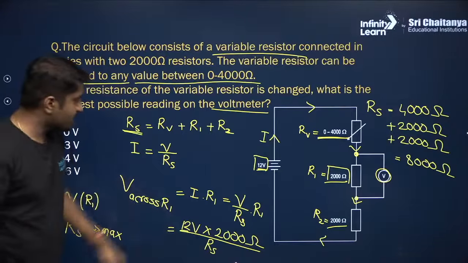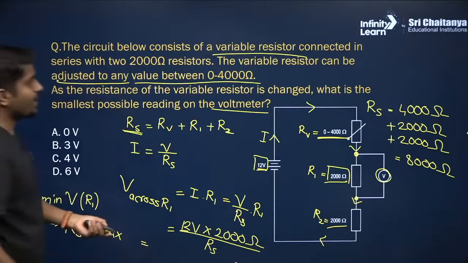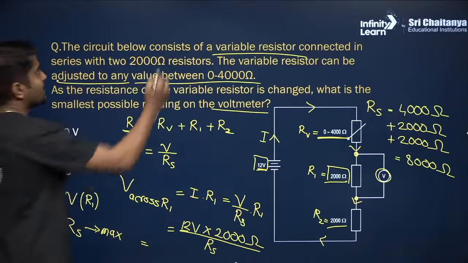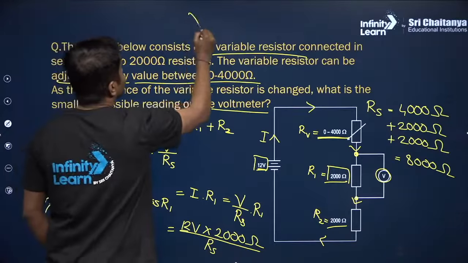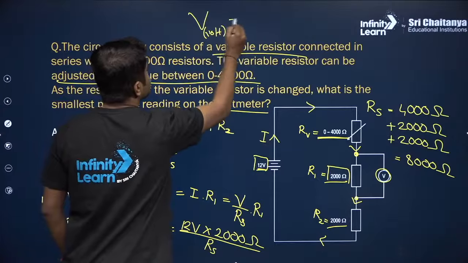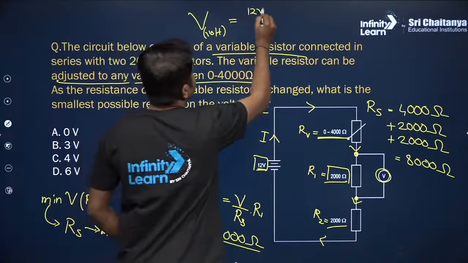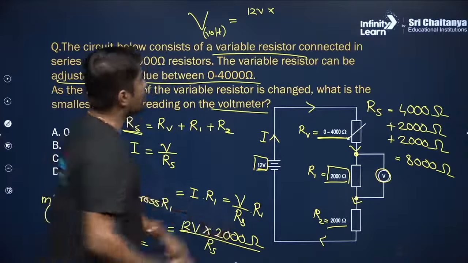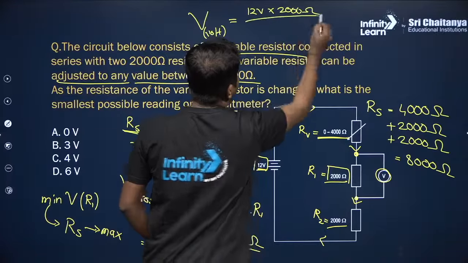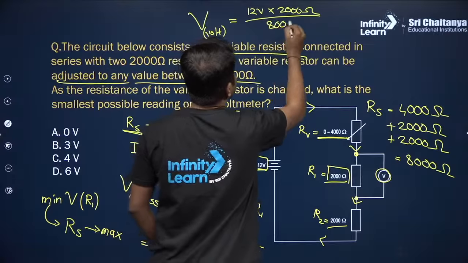So just substitute this value here. I'll try to write here since I don't have space. The voltage measured by the voltmeter is going to be 12 volt multiplied by 2000 ohms, divided by the Rs value, which is 8000 ohms.